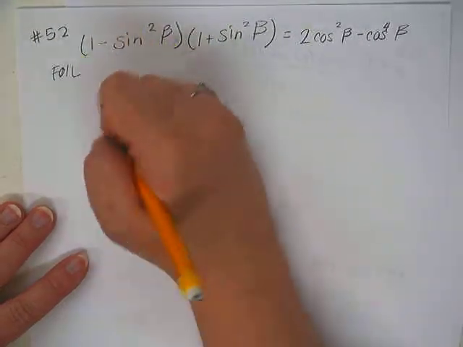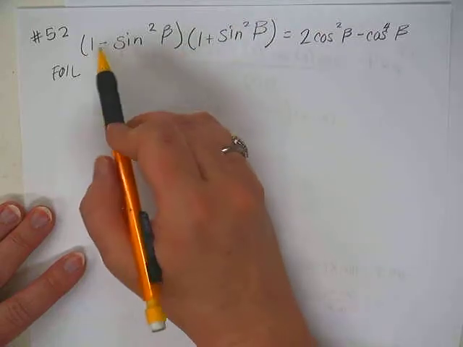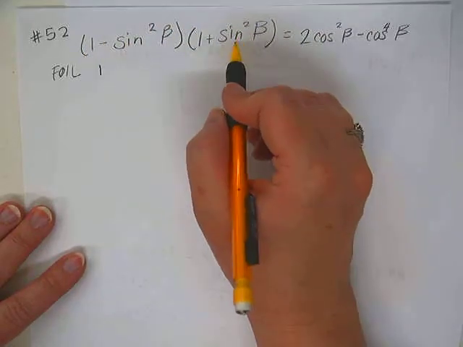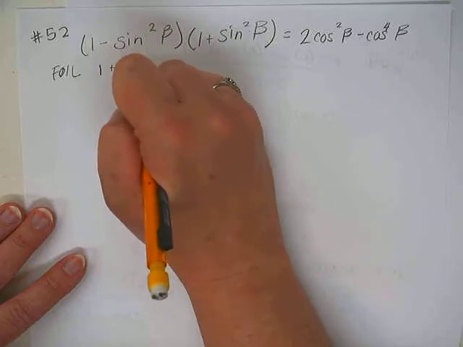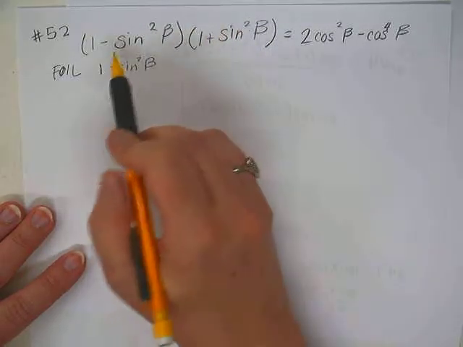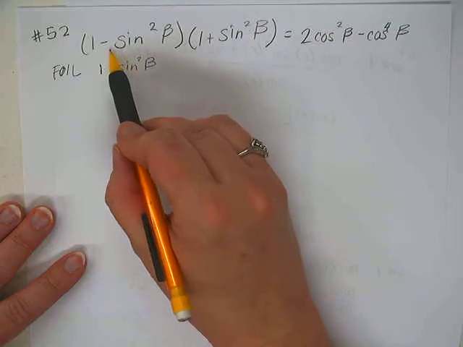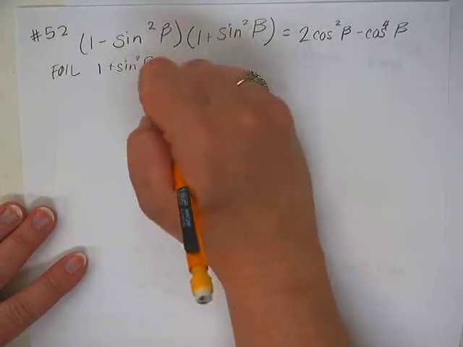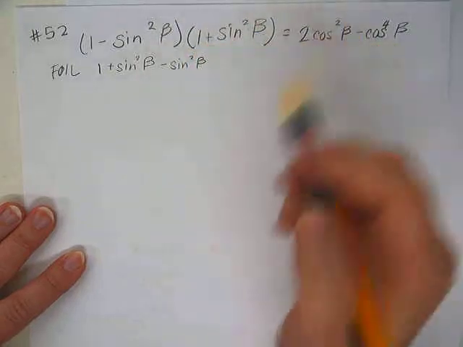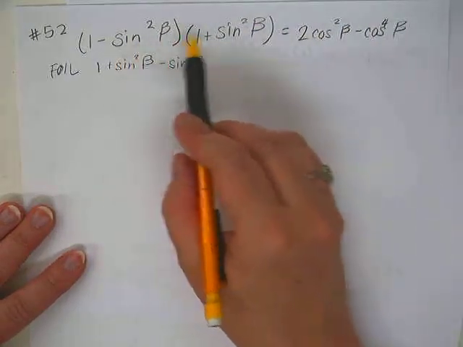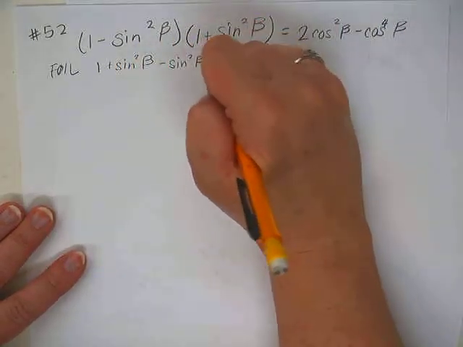Okay. So I'm going to FOIL. There's my little explanation, I guess. So 1 times 1 is 1. And 1 times sine squared is sine squared beta. And then negative sine squared beta times 1 is negative sine squared beta.